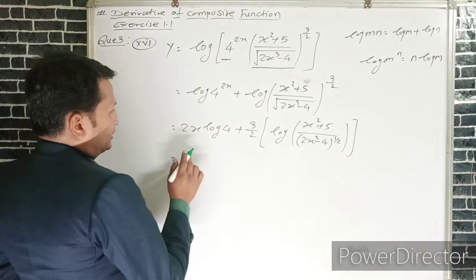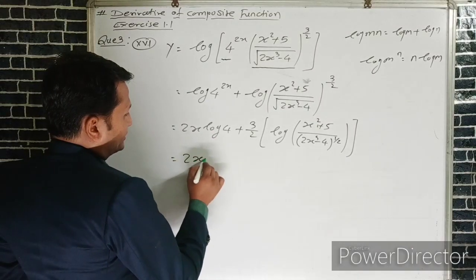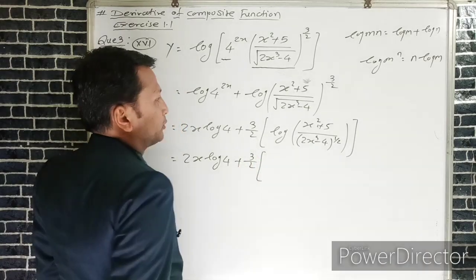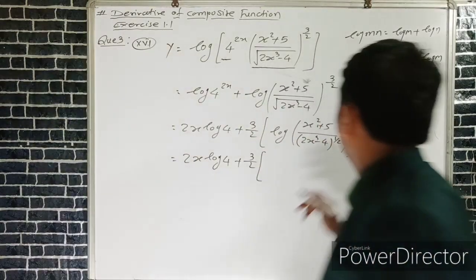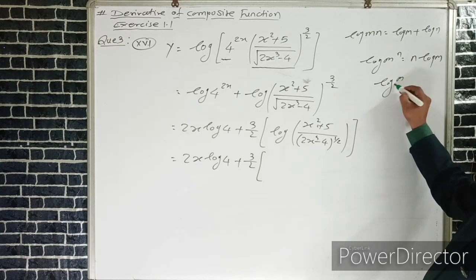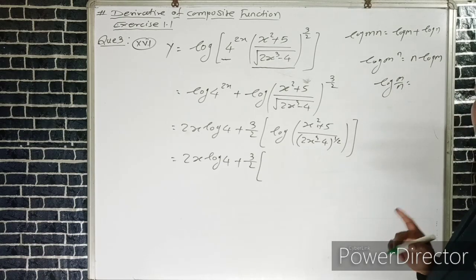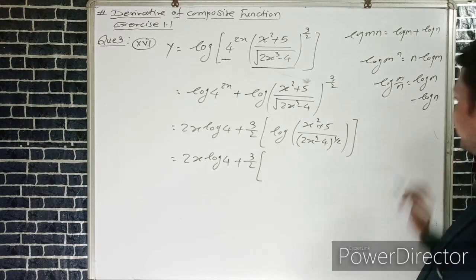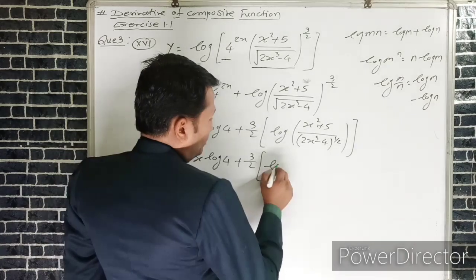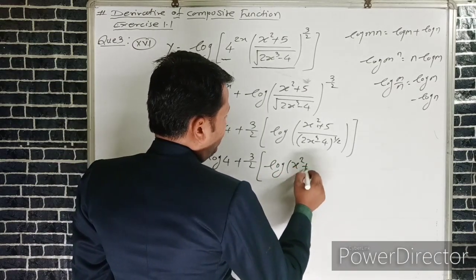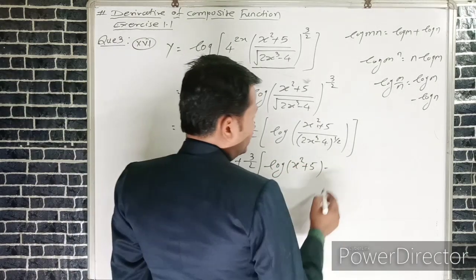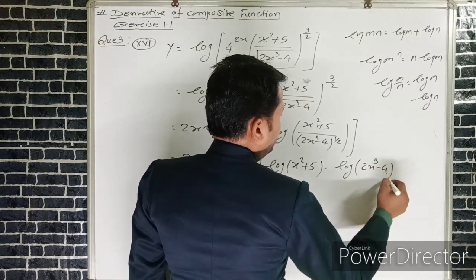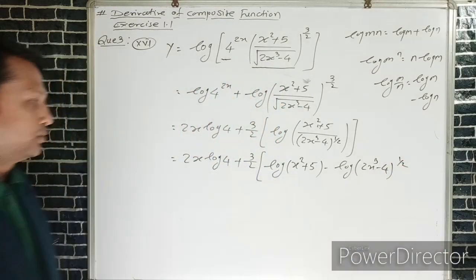Hence we can write 2x log 4 plus 3 by 2. Here we use the rule of logarithm, log of m upon n is log m minus log n. Hence we can write log of x square plus 5 minus log of 2x cube minus 4 whole raised to the power 1 by 2.